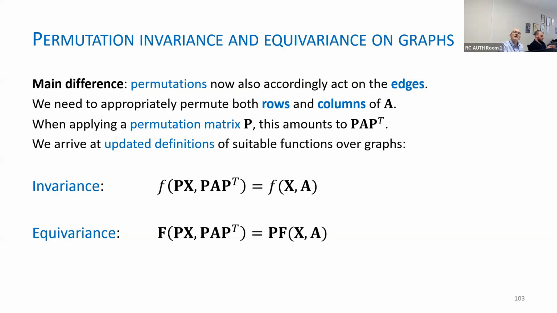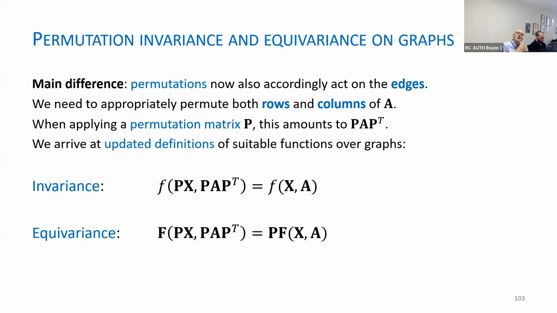This means that we permute the rows and the columns of the adjacency matrix, because the adjacency matrix models the connections according to the order of the nodes. So if we permute the rows and columns, we change both the order of the nodes and the connections between nodes.